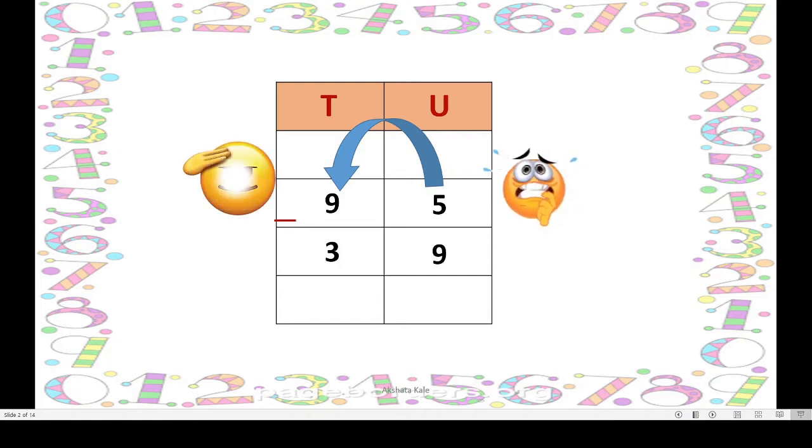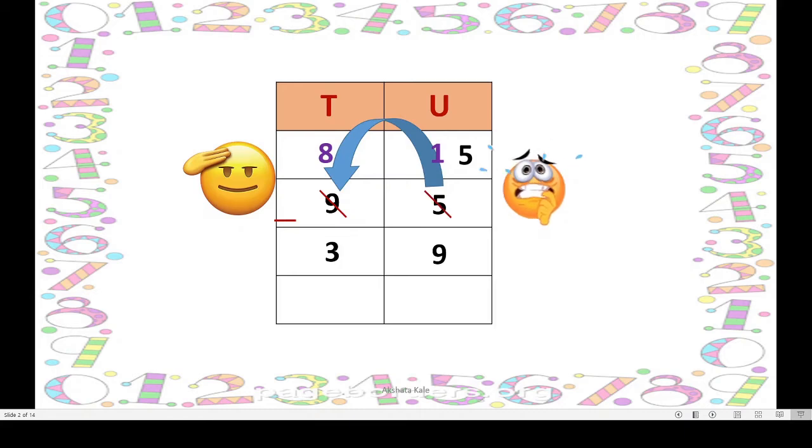9 said, okay, I will untie myself into 8 and 1 and I will give you 1 ten. Now you already have 5 singles, so it will become 15, isn't it? And I will become 8, it said.